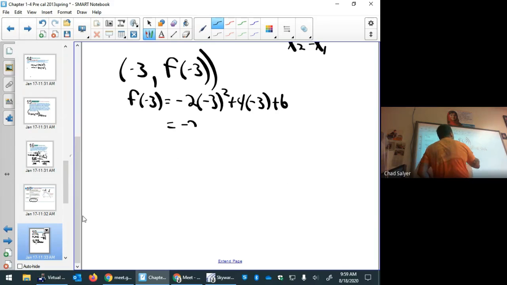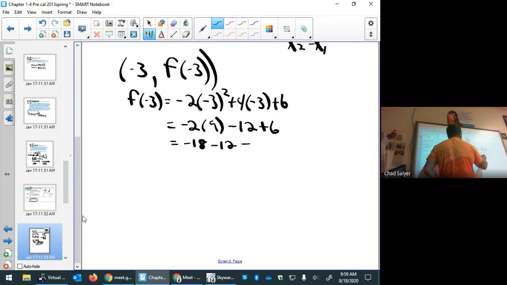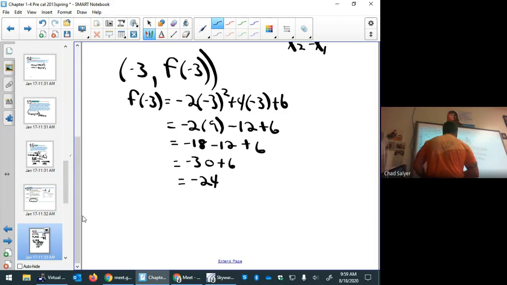And so that's negative 2 times 9, remember PEMDAS, minus 12 plus 6, negative 18 minus 12 plus 6, negative 30 plus 6, or negative 24. So our first point is going to be negative 3 comma negative 24.